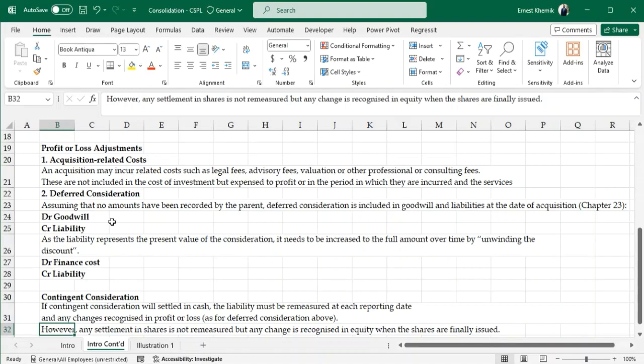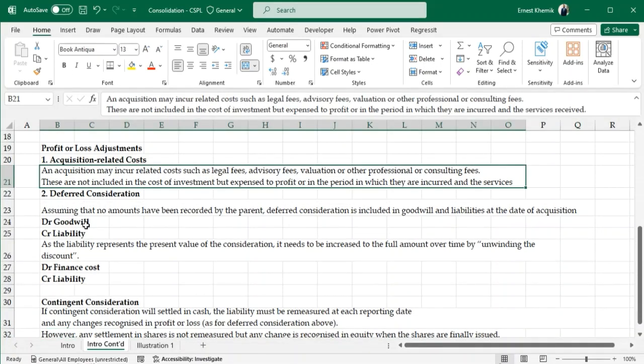Now, whenever a parent acquires a subsidiary, there may be acquisition costs that are related to the acquisition of the subsidiary, and such costs may include legal fees, advisory fees, valuation or other professional or consulting fees. Now, these are not included in the costs of investment as with the consolidated statement of financial position, but rather they are expensed to profit or loss in the period in which they are incurred.